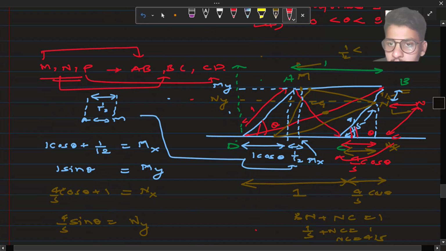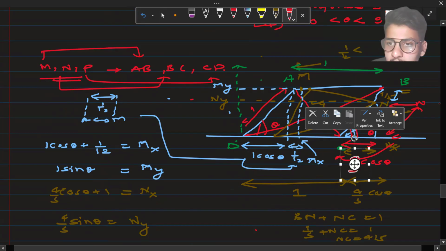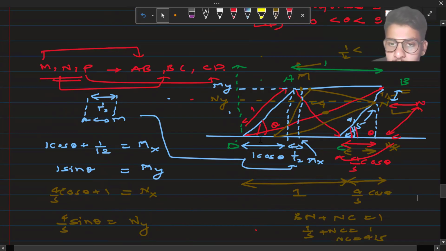So CN cos theta will give me some distance, and adding it with the 1. This is 0 and this much distance is 1, because it's a side of the rhombus only.